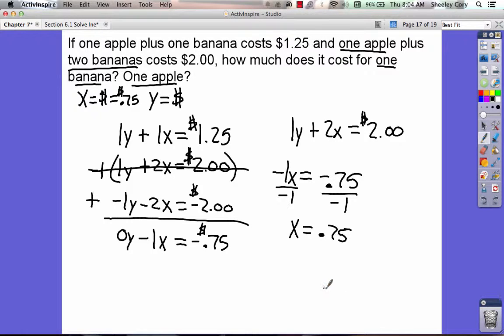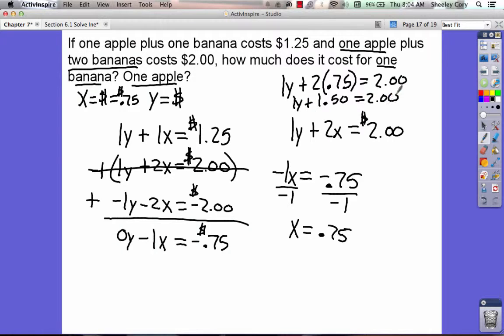So now that we have x equals 0.75, we can plug it into either of these two equations. We're going to plug it into this equation here. So we have 1y plus 2 times 0.75 equals $2. 2 times 0.75 gives you $1.50. So we have 1y plus $1.50 equals $2.